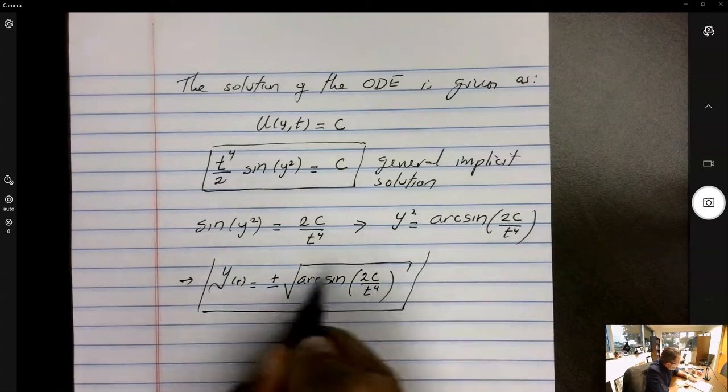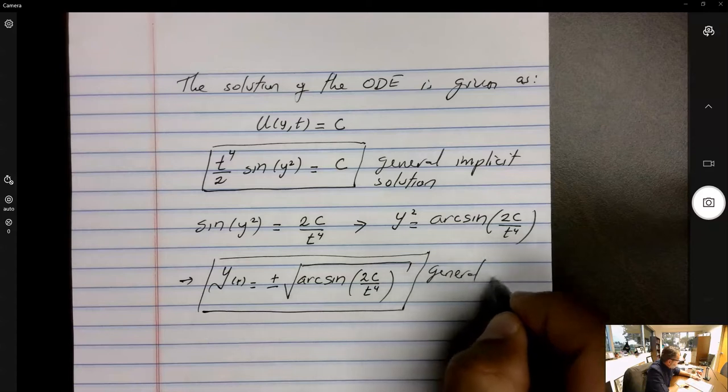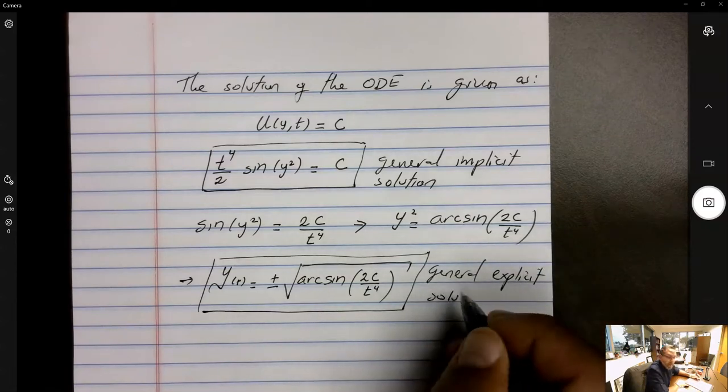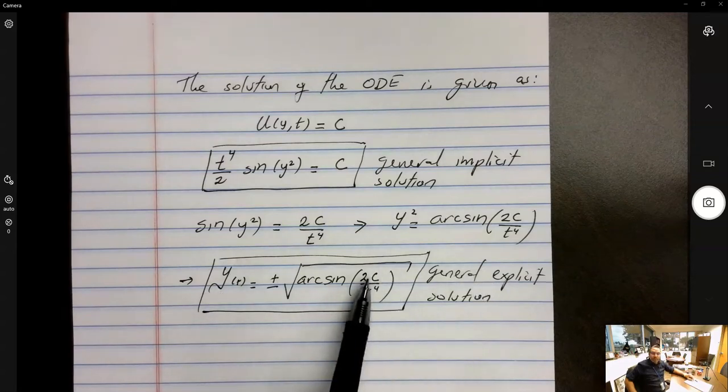And that looks like a general explicit solution, or explicit general solution for that matter. It's explicit because now we have an explicit form of y as a function of t. It's general because we still have a constant of integration there that we can fix.